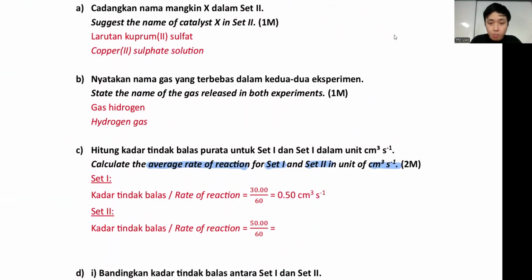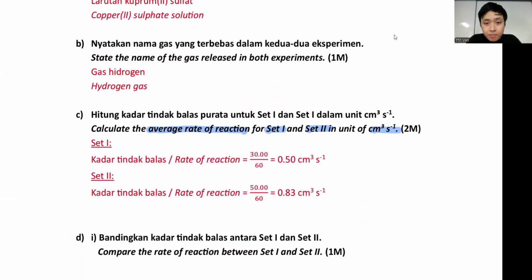So the first one you will get 0.50 cm cube per second. The other one you will get 0.83 cm cube per second. I keep it as two significant figures because here all have basically two significant figures.